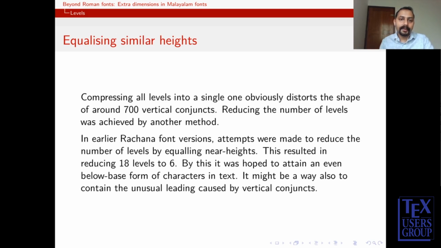If we go that way, there is a possibility to reduce the number of levels from 18 to about 6. We will look at some examples of treating below base characters in this way and designing such glyphs, and look at its advantages as well as disadvantages.